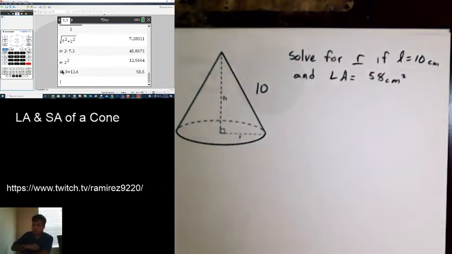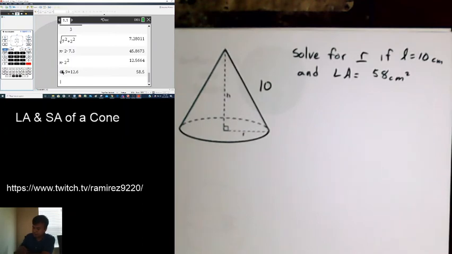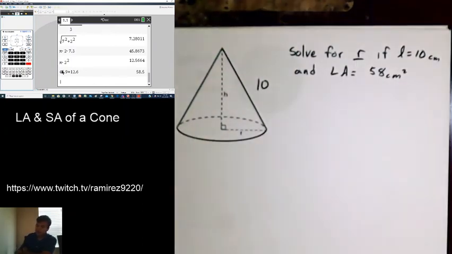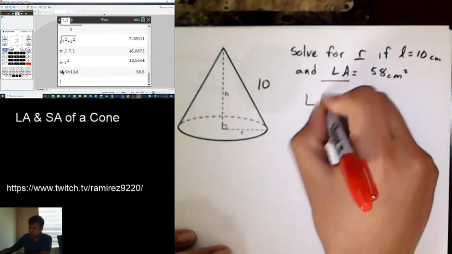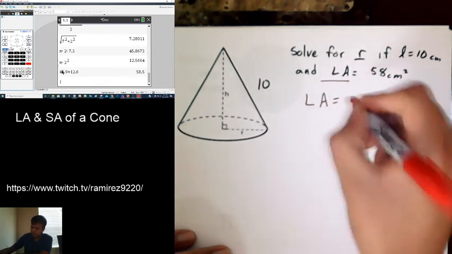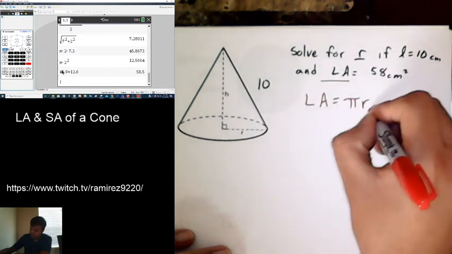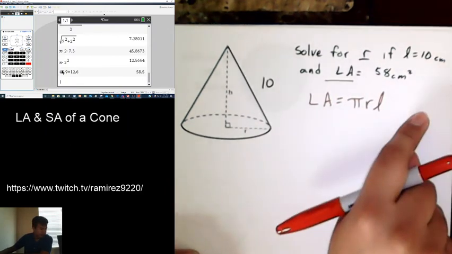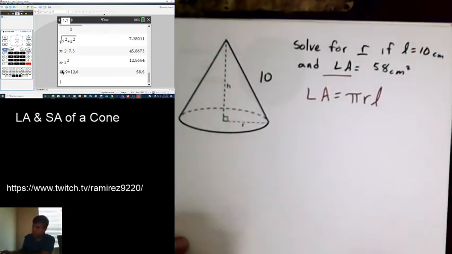They're telling us solve for r, and r stands for radius, if our slant height is 10 and the lateral area is 58. Well, they told us lateral area, so we look at our formulas. Lateral area is equal to pi times my radius times my slant height. I do not have to include the pi r squared because that would be total surface area.